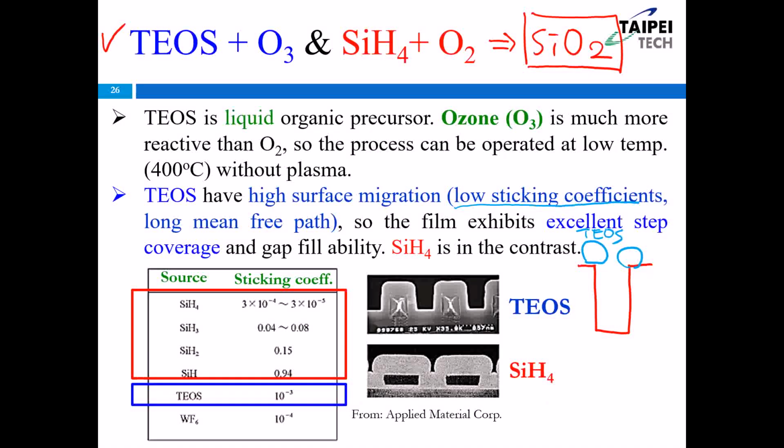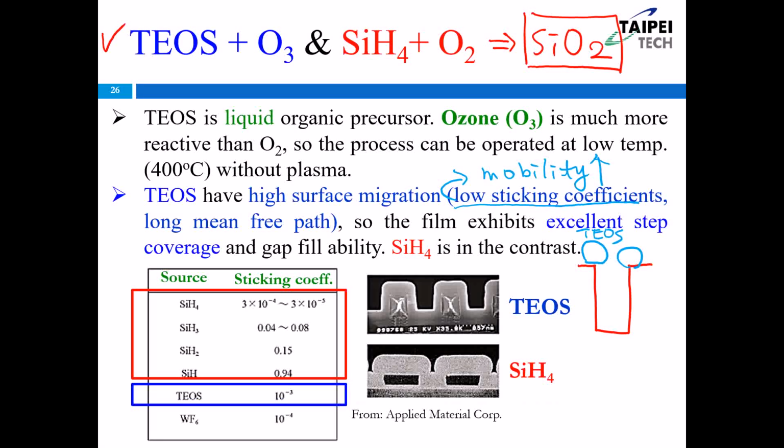However, the TEOS has a low sticking coefficient. It means the TEOS has higher mobility. Low sticking coefficient just means the mobility is higher. It's very easy to move. This precursor is very easy to move around.